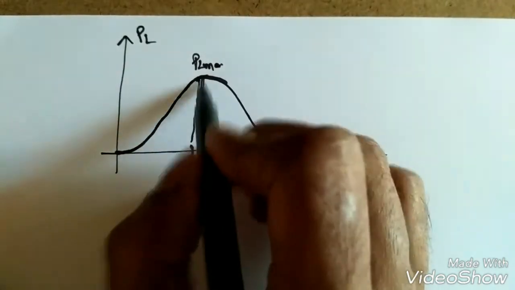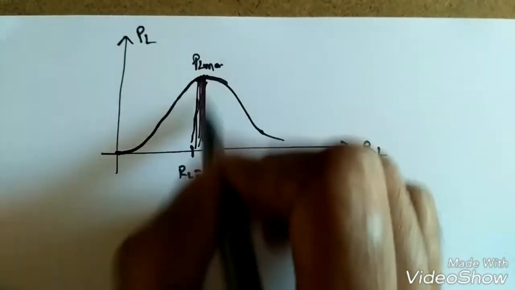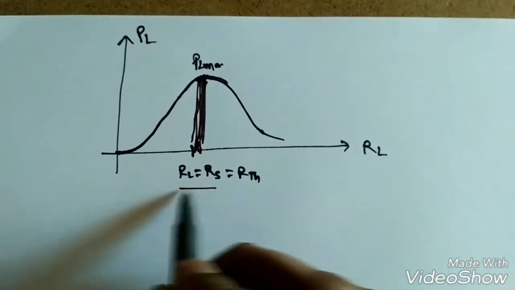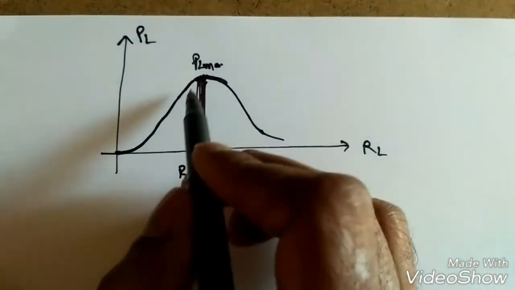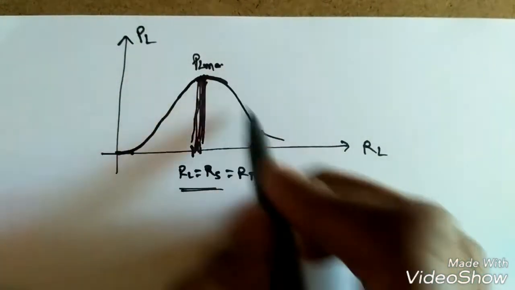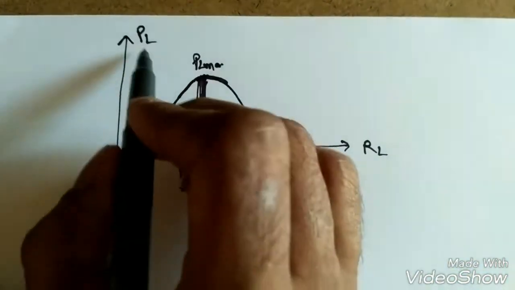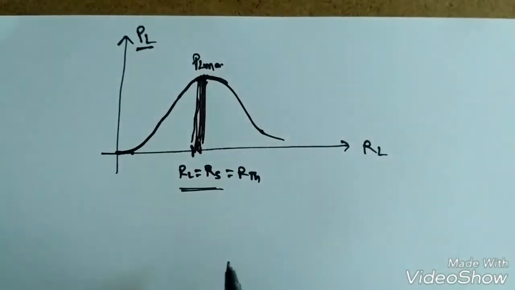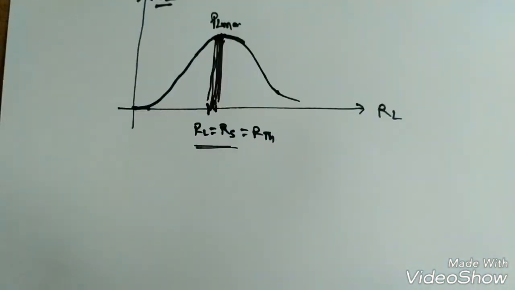So only at this condition, when RL equals RS, we'll get the maximum. Other than this, below or greater than this, the power will be reduced. So remember this graph, that is required.